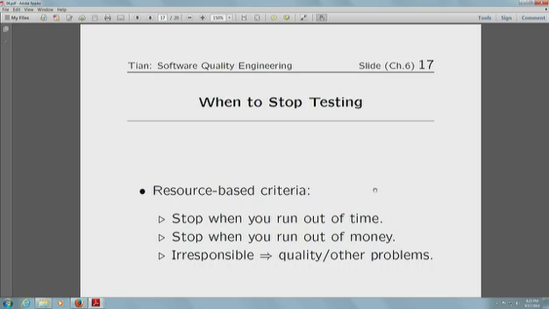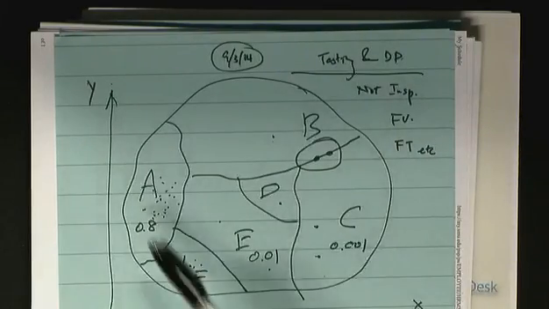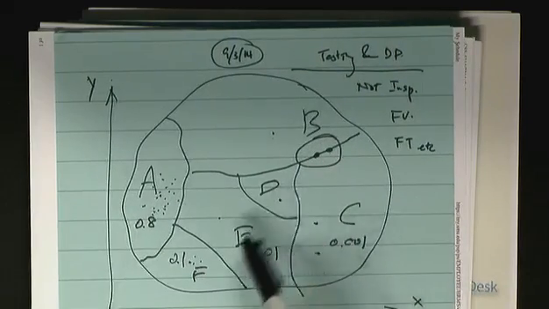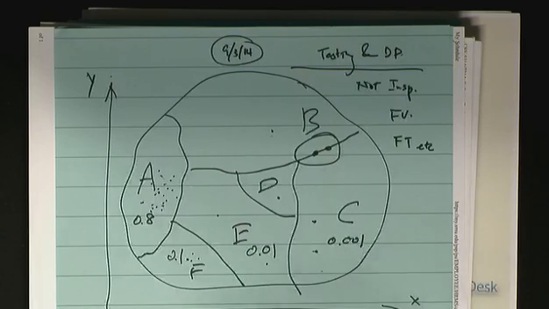So in that case, we do the so-called coverage-based testing. We define some coverage if we don't have a direct definition of usage and reliability. For example, I can define coverage so that my overall input space is divided into A, B, C, D, E, and F. I make sure that input from each of those subsets or subdomains will be tested at least once.